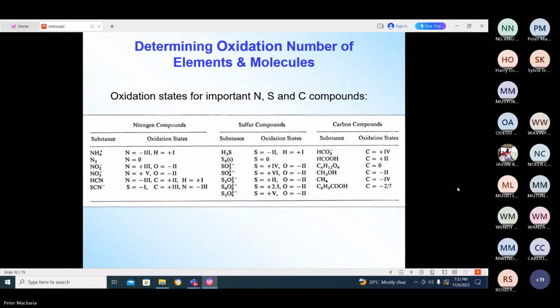So we give hydrogen what? +1. And so what would be the oxidation state of nitrogen? It must be -3 so that the equation is balanced, isn't it?